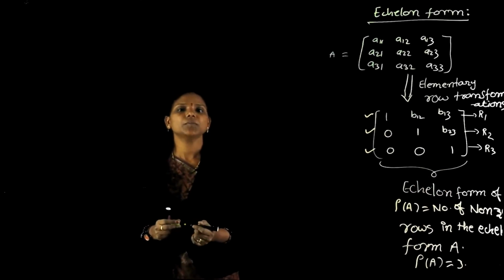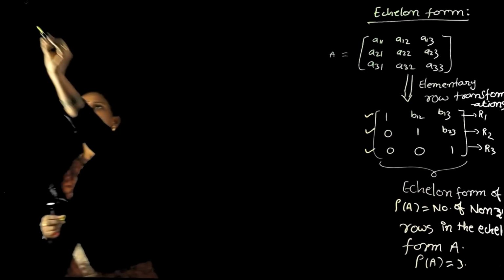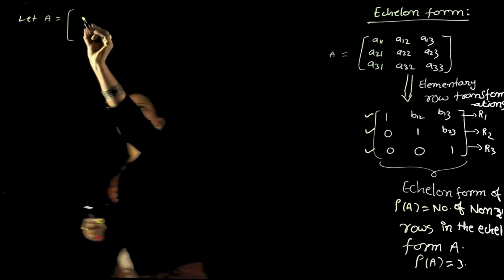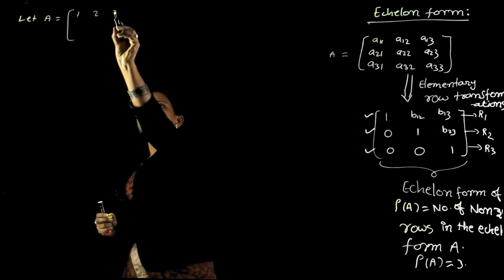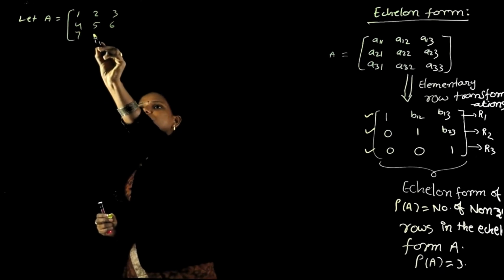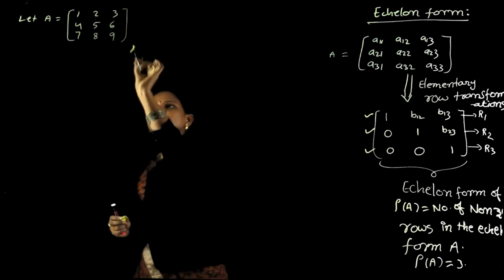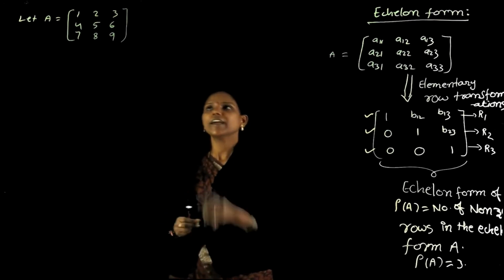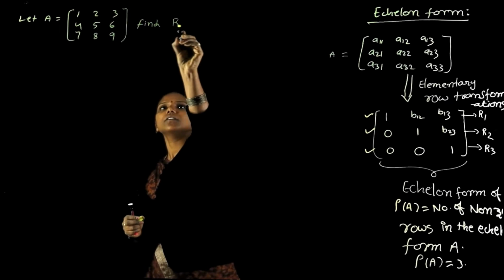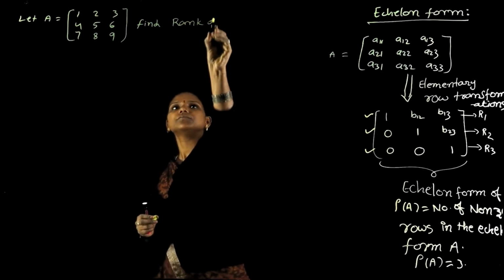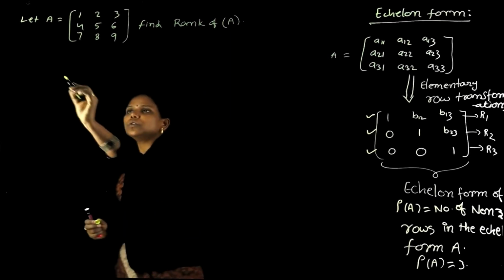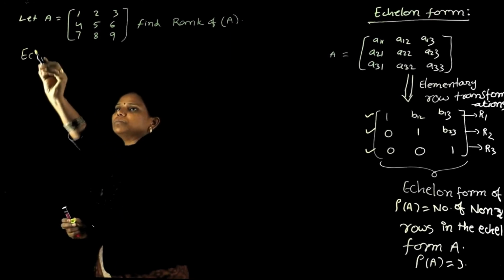Let me explain one example using echelon form. Let A equals 1, 2, 3, 4, 5, 6, 7, 8, 9. Our question is: find the rank of A. So here I am applying echelon form.